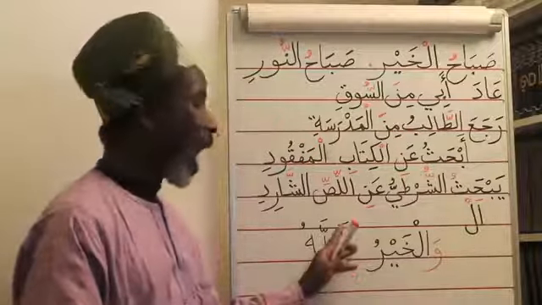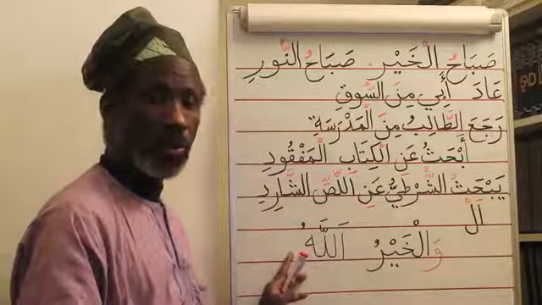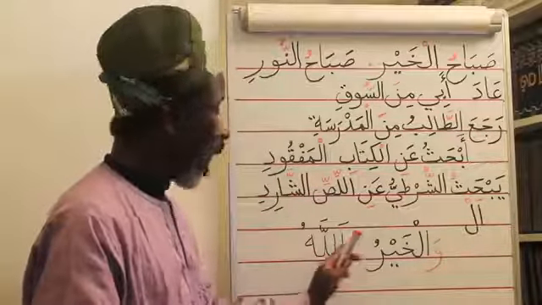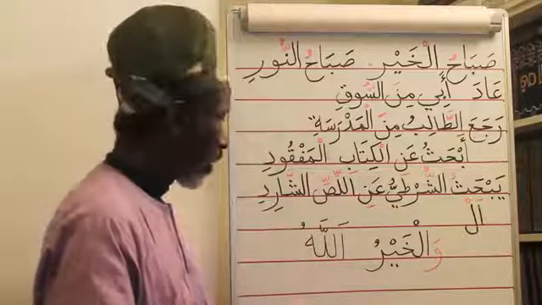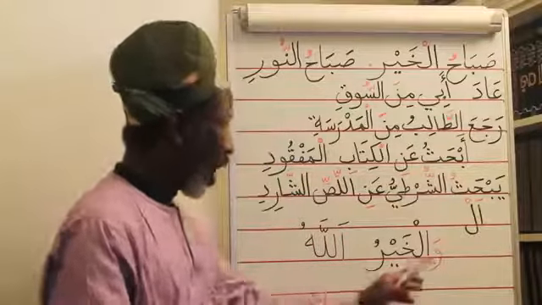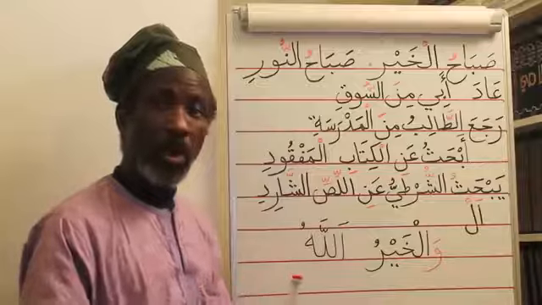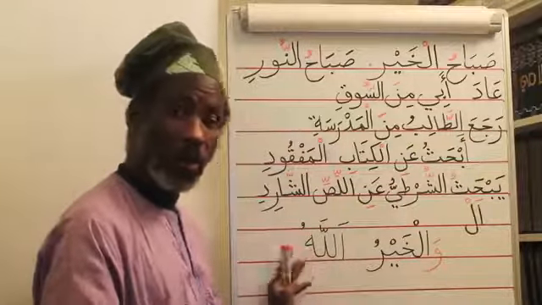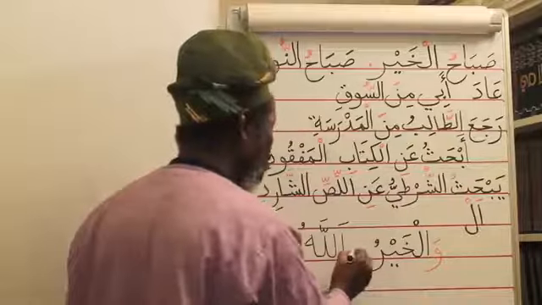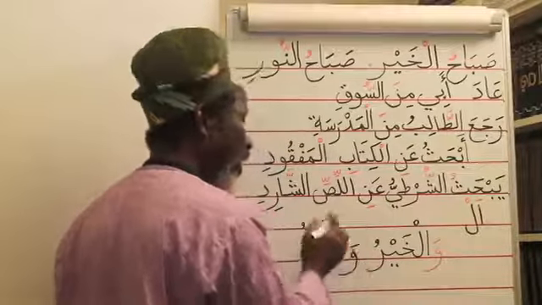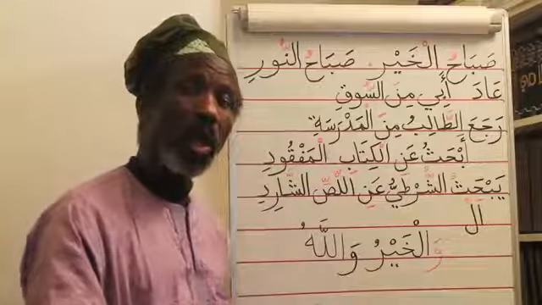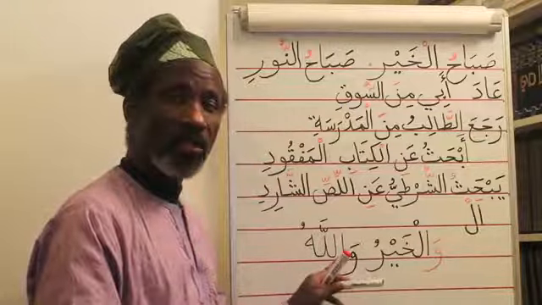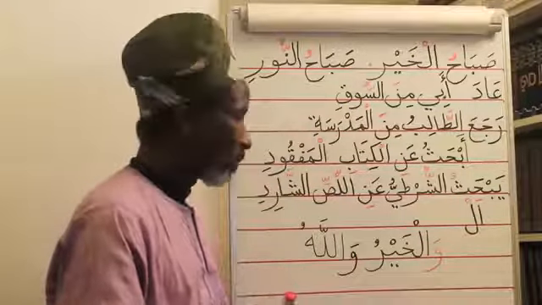That means Allahu, the God. But if you put wow there, by God, you say Wallahu, not wa Allahu. Wallahi, for example. Wallahu. That alif is still there, but is now silent.